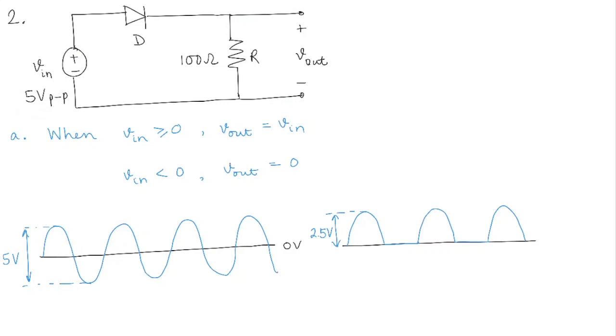Okay, now part B asks you to find out what the average voltage is. Let's do it on another slide. So how does our output look? Our output looks like this, isn't it? It's basically signals like this in the positive half cycle, and then you have zeros here.